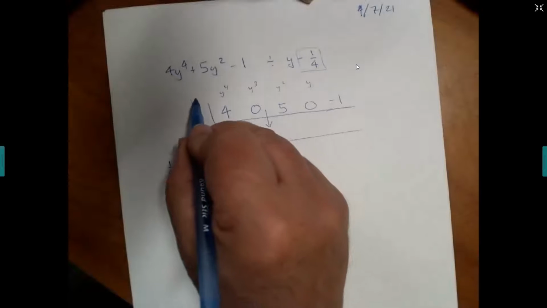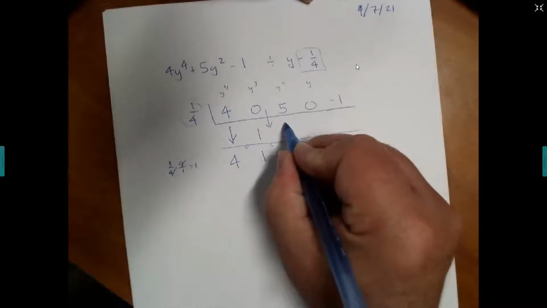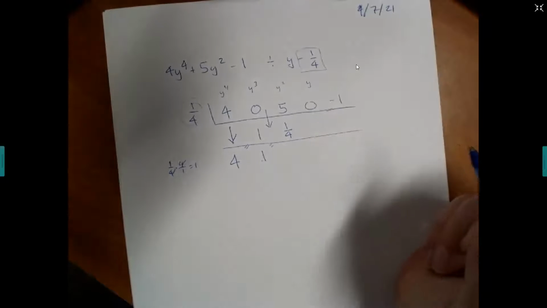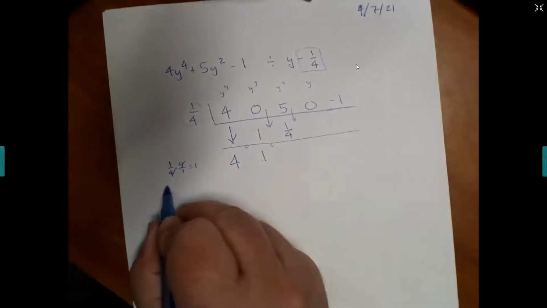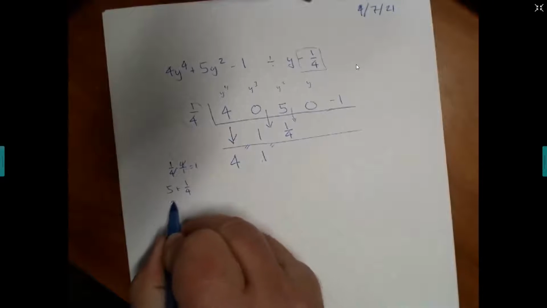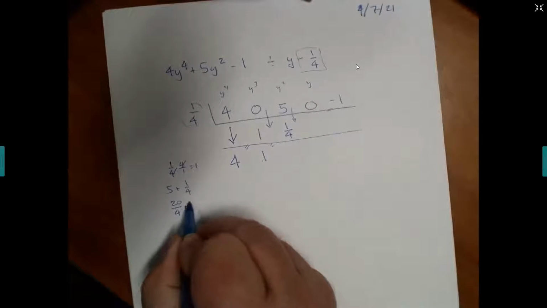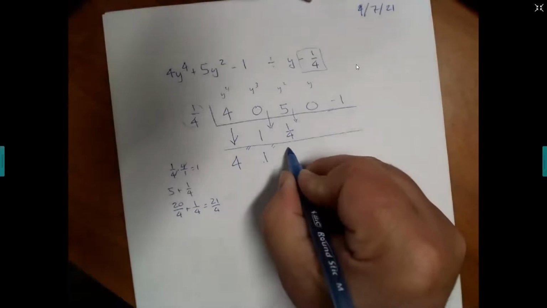We repeat the process. 1/4 times 1 equals 1/4. Now we add. 5 plus 1/4 is the same thing as 20/4 plus 1/4, which is 21/4.